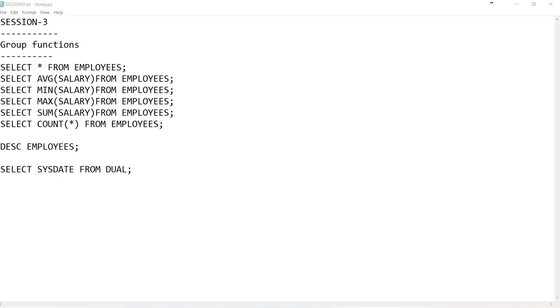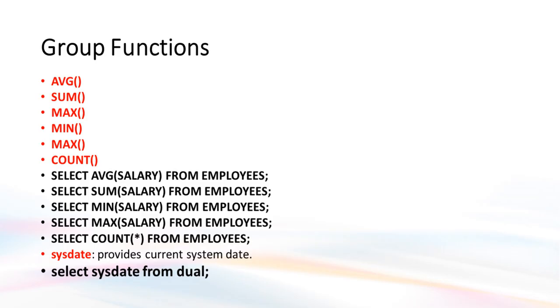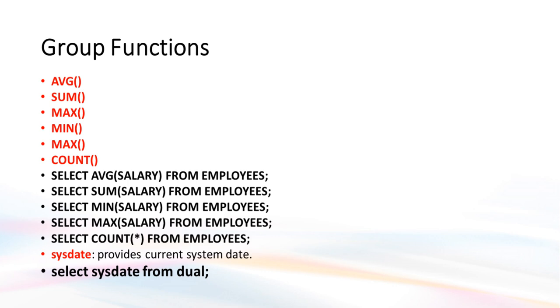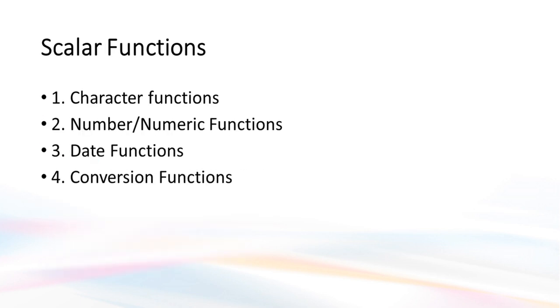Scalar functions. So far, what we discussed comes under group functions. These functions apply on multiple rows in a table. Now we will see scalar functions. Scalar functions are again divided into 4 different kinds: character functions, number or numeric functions, date functions, and conversion functions.